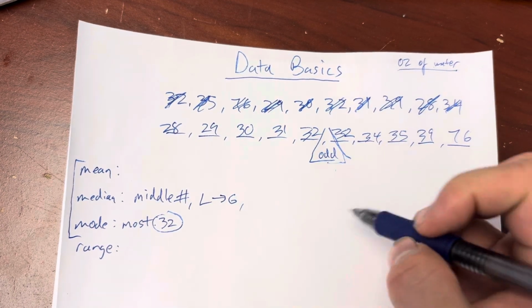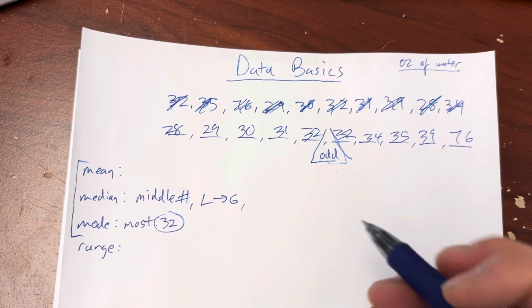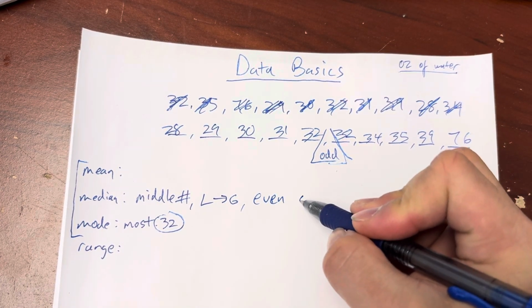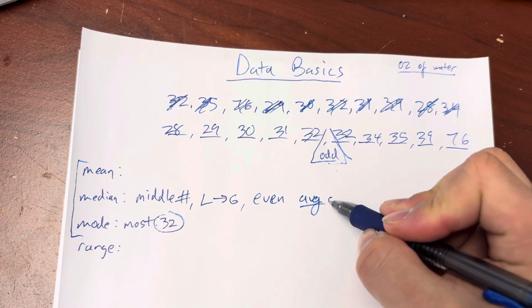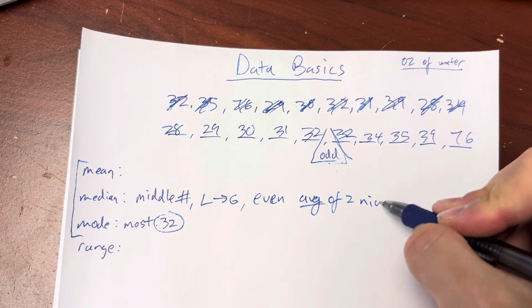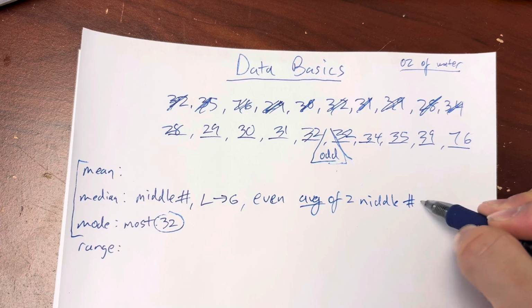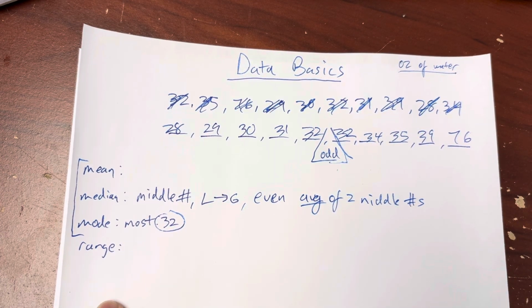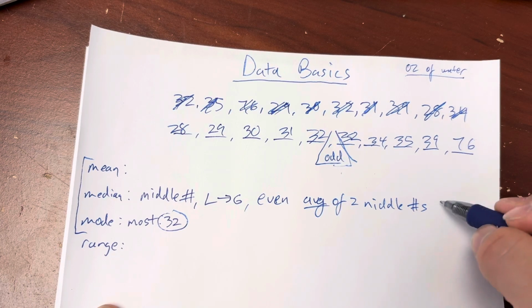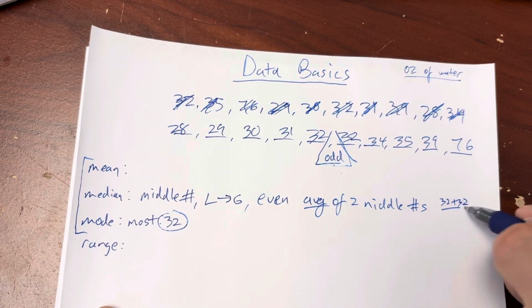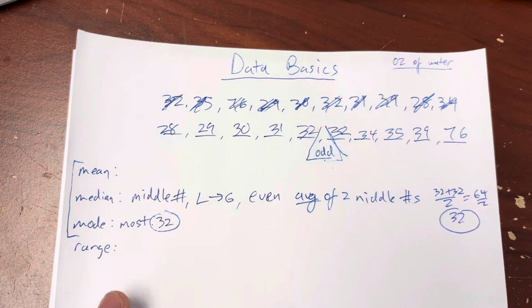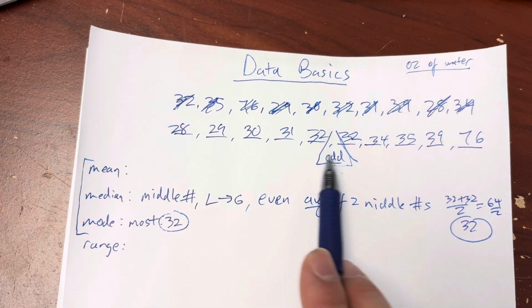So if it's odd, it's the middle number, but if it's even, it's the average of the two middle numbers, okay? In this case, the average of 32 plus 32 is 64 divided by 2, which is still 32. So the median in this case is also 32, okay?